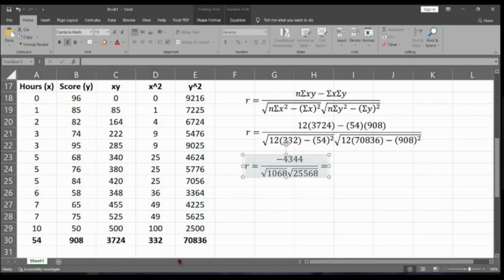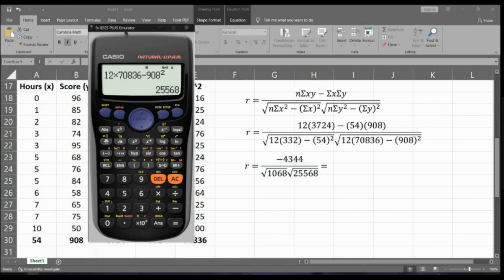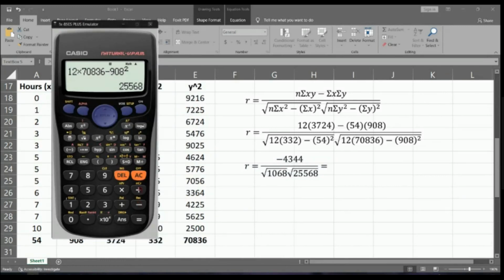Okay. We may now include everything in our calculator. We have negative 4344 divided by square root of 1068 times 25568. Again, by properties of radicals, since these two radicals have the same index, pareho silang square root, we may just multiply their radicands.